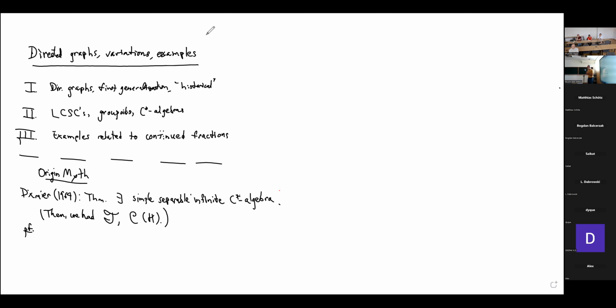I'm not sure. Infinite does not mean that the dimension is infinite, yes, that's a good point. Infinite means the C-star algebra A contains a non-unitary isometry.